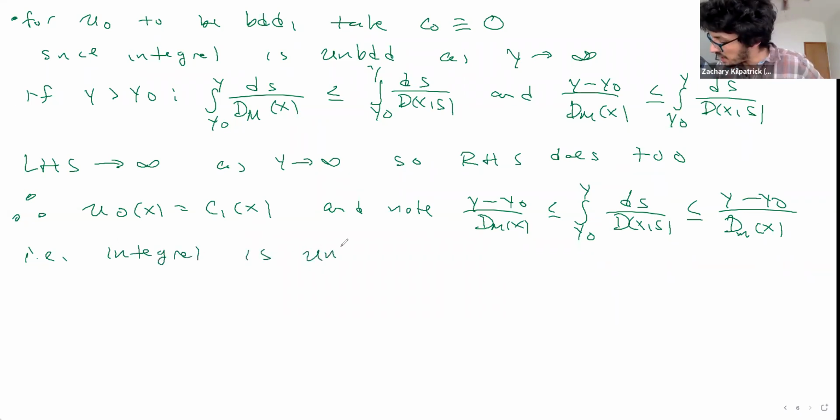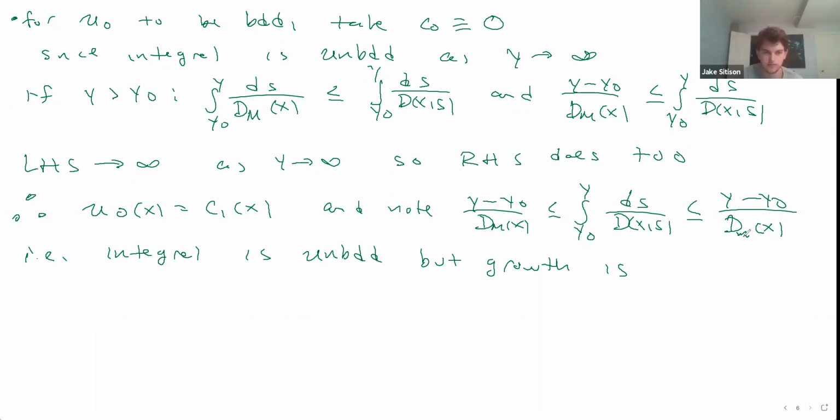is unbounded, but the growth is what? What can we say about the scaling of the growth of this integral asymptotically, as y gets big? This integral is a function of y. Does it scale nonlinearly or linearly?